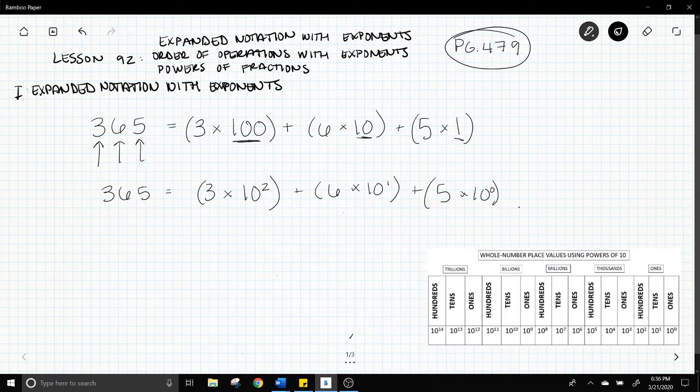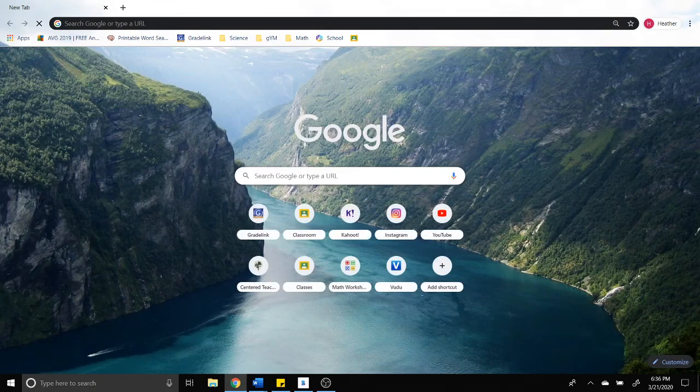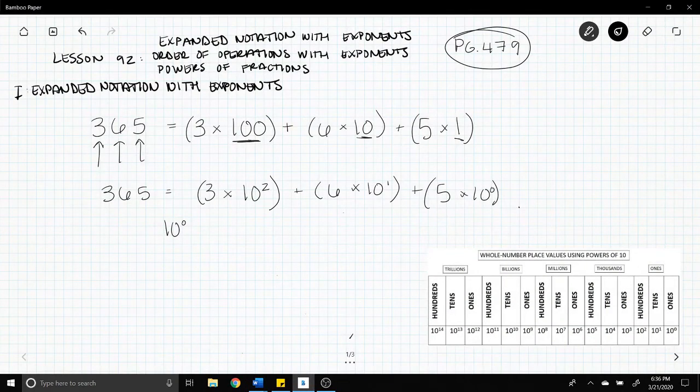Now you need to note that 10 to the power of 0 equals 1. And really any number to the power of 0 equals 1. So write it down or mentally remember any number to the power of 0 equals 1.